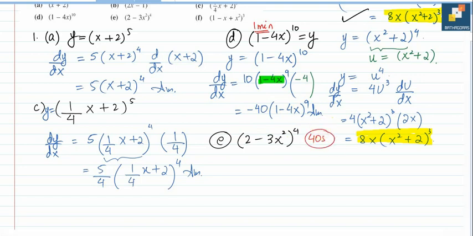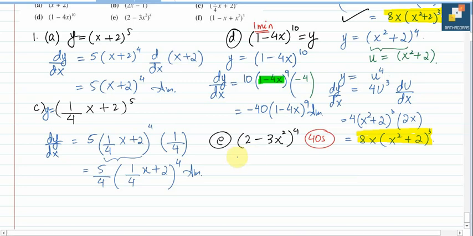Just give it a try, whether it is right or wrong doesn't matter. At least give it a try, so start.